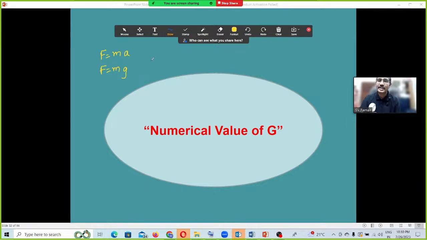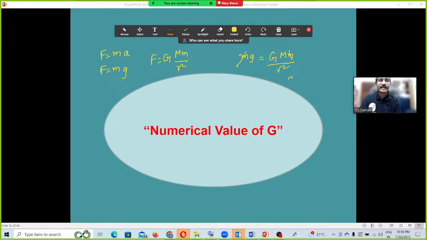As per the gravitational force, F = GMm/r². So both are again equal. So mg = GMm/r². m will be cancelled.